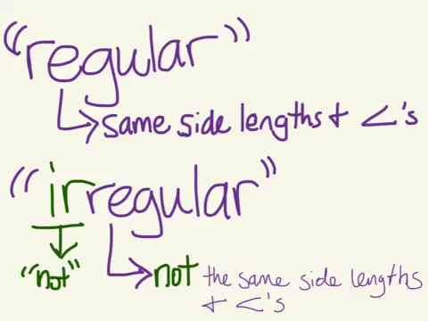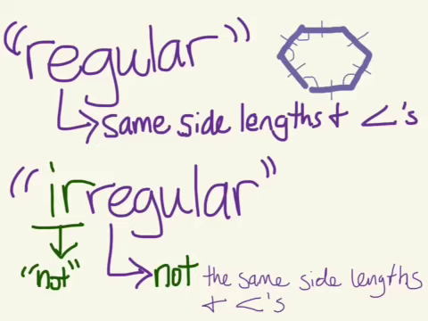So a regular hexagon would look like this. Okay, I tried. It's very hard to make them all the same side length, so I'll draw hash marks to show that it's all the same side lengths and all of the angles have the same symbol as well, showing that all the angles are the same.